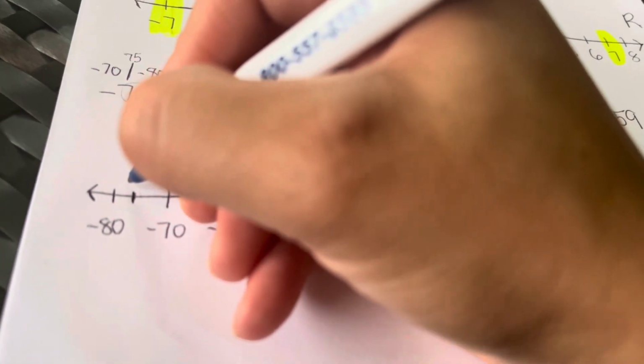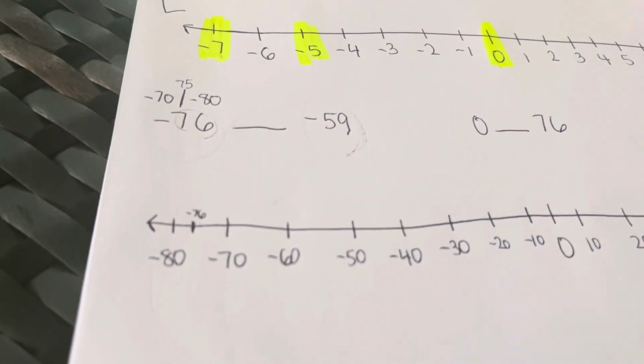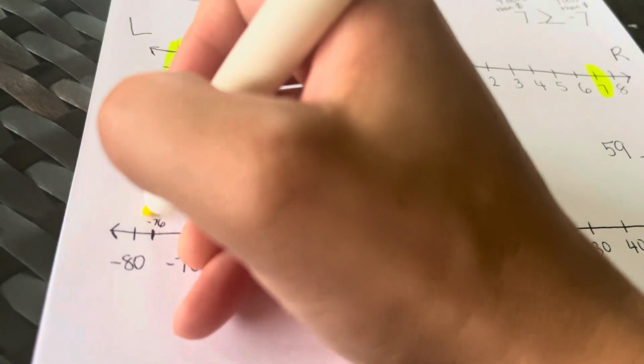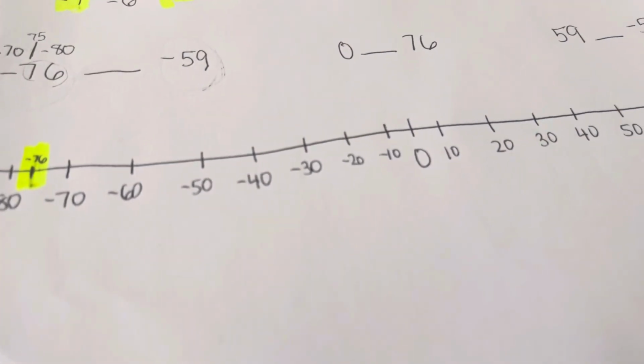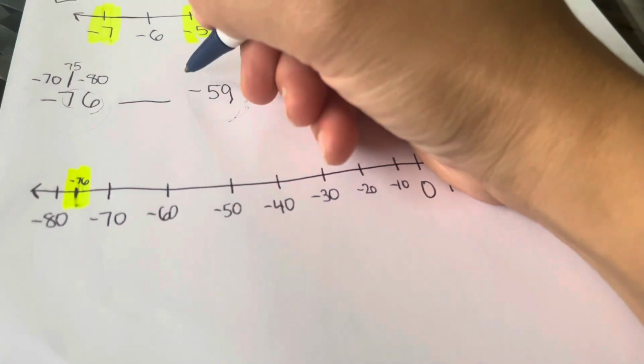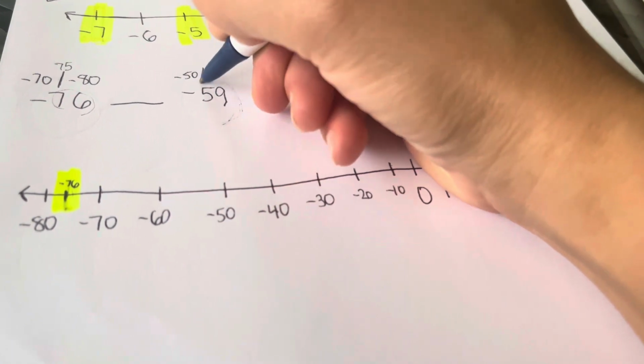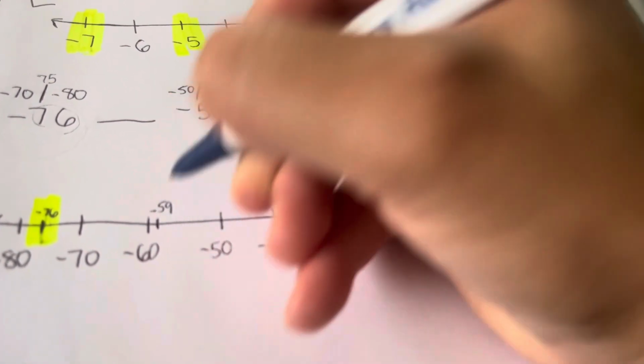So I'm going to go a little farther than halfway, and I'm going to say that that's roughly where 76 would be, which means not perfect, but it's pretty close. -59 would be between -50 and -60, but it's 1 less than -60, so I'm going to go pretty close to -60.